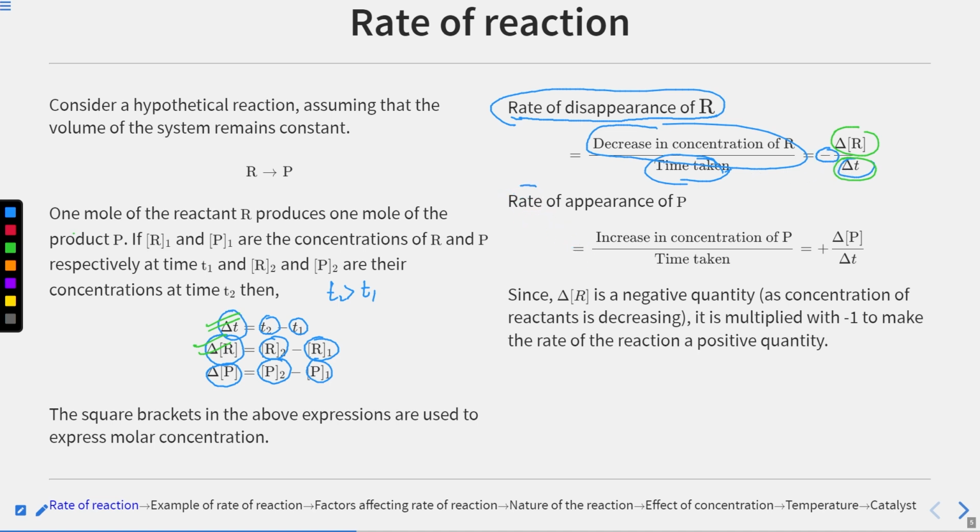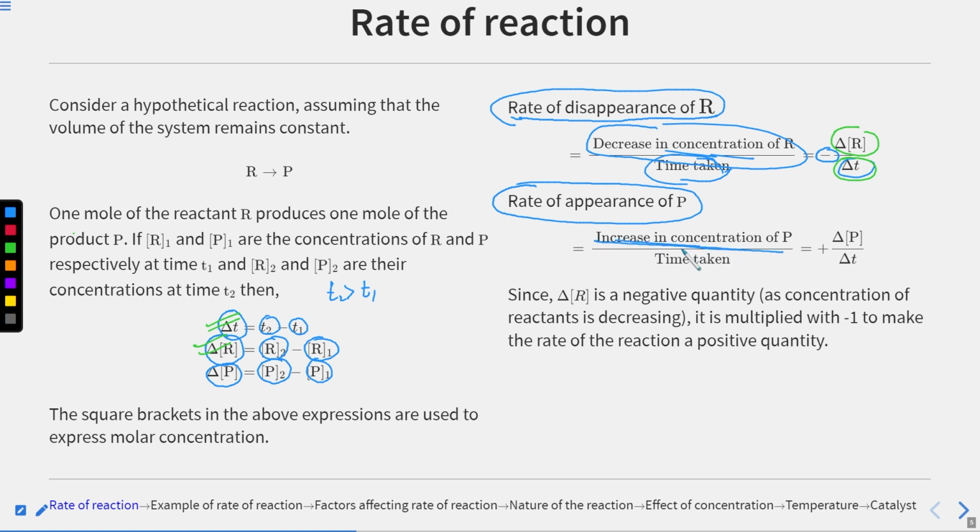Again, if we want to do it in terms of product, we can write the rate of appearance of product P as the increase in concentration of product P, because since the reaction is proceeding in the forward direction, the concentration of reactant will decrease and the concentration of product will increase.